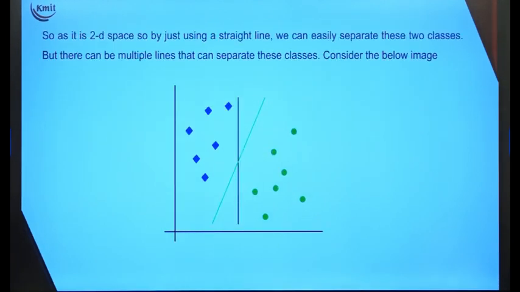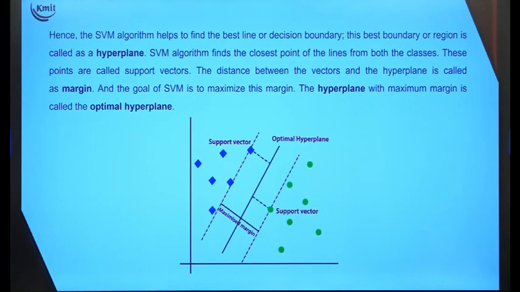Okay, now as it is a 2D space, you can have multiple possibilities. You can have multiple ways in which you can draw lines which will separate two different classes. Okay, now how do we choose the best fit line is very important. So here in SVM, our SVM algorithm helps to find the best fit line.